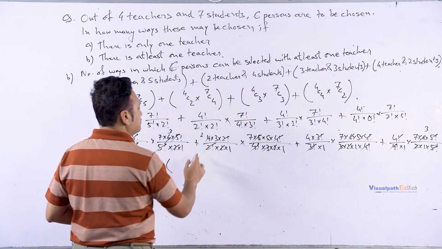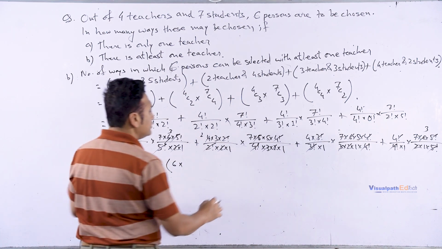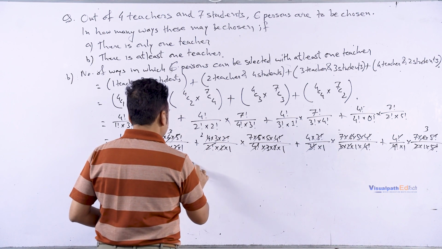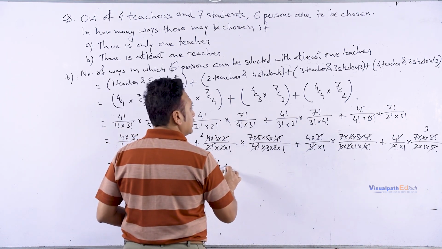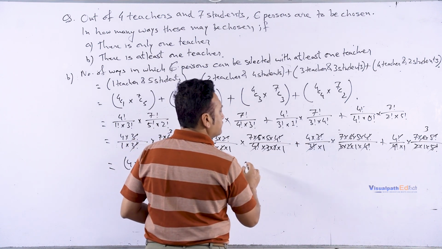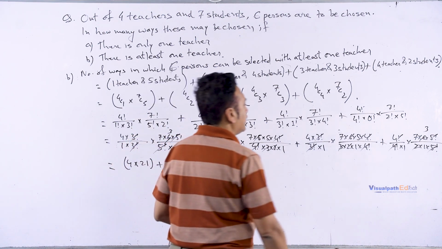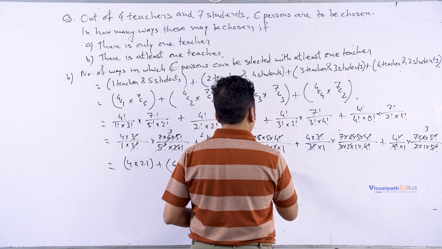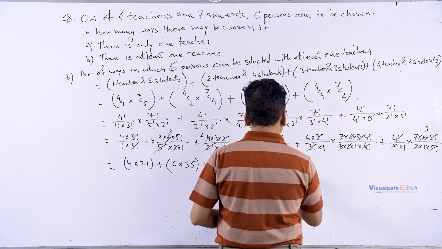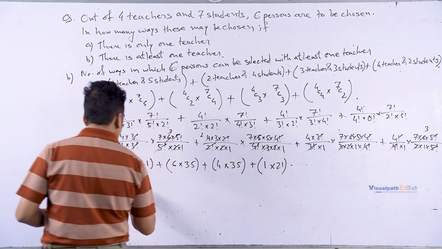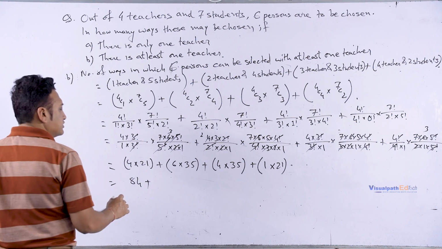In this case, we will get 2 3s are 6 into we have 7 5s are 35 plus, then we have 4 into 7 5s are 35. Okay. And then plus we have 1 into, so it is 7 3s are 21.